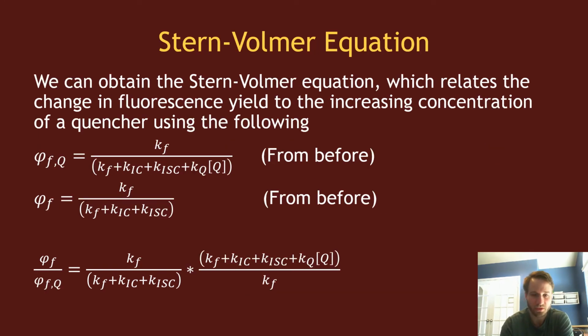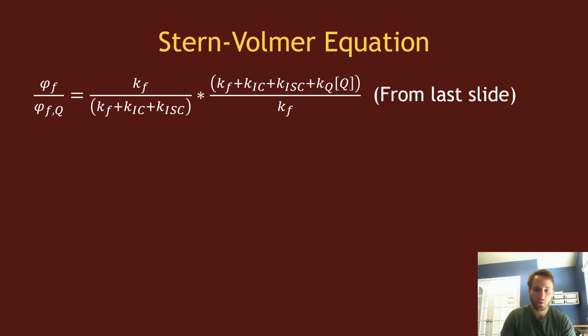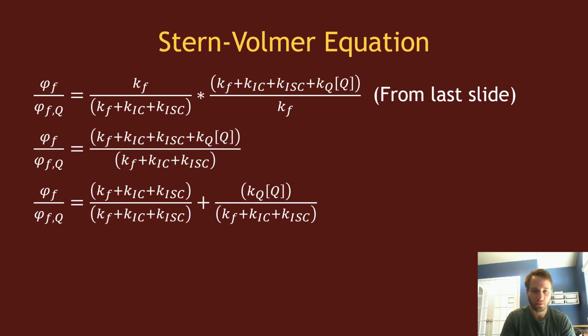So the Stern-Volmer equation basically uses your fluorescence quantum yield with the quencher versus without. If we take this ratio of the fluorescence quantum yield with and without the quencher, these things cancel and you're left with a bunch of stuff here. That term we can break up in the numerator into this section plus this section.